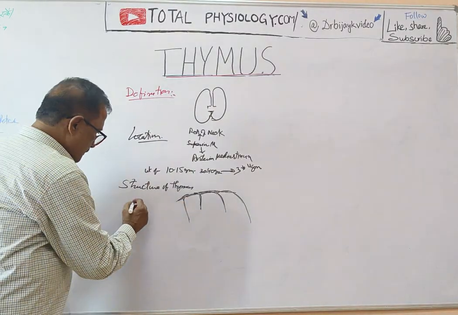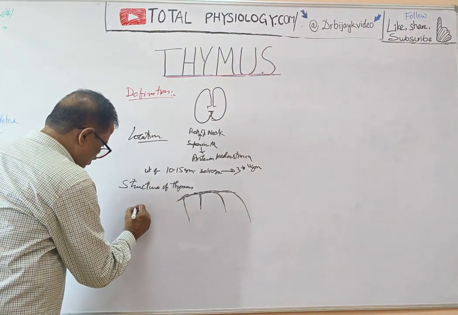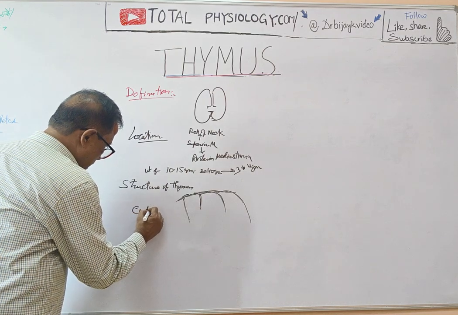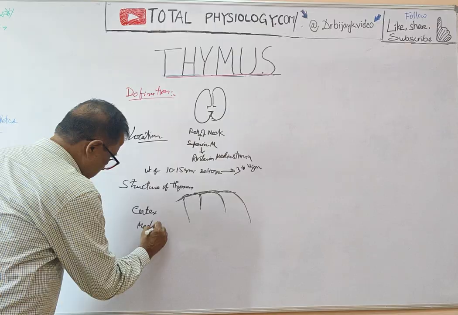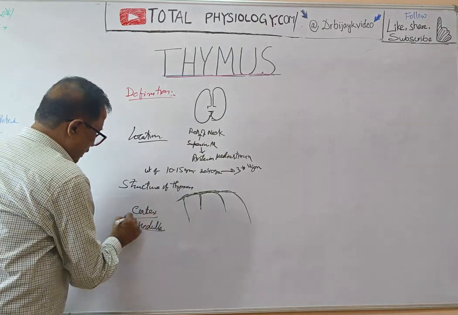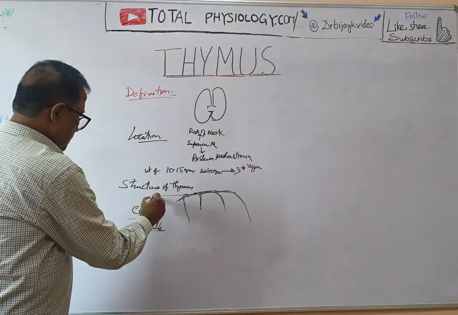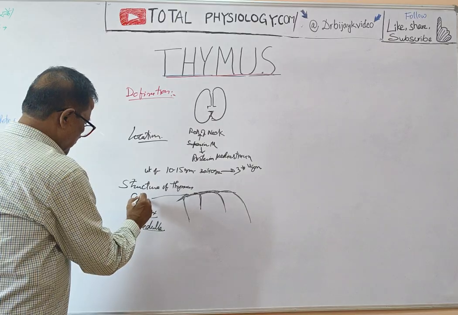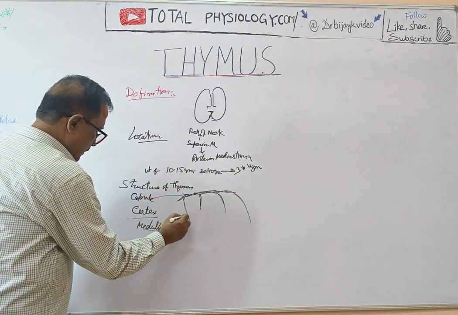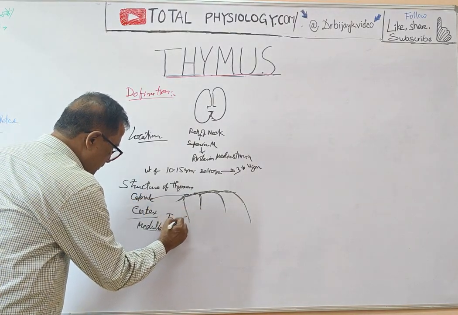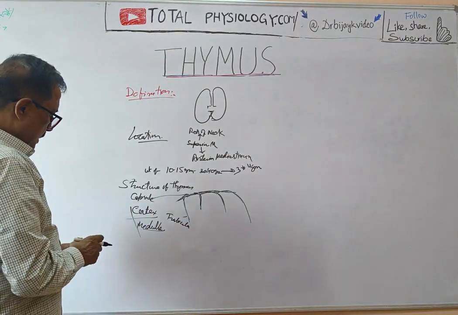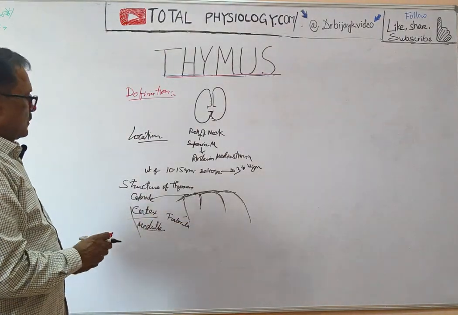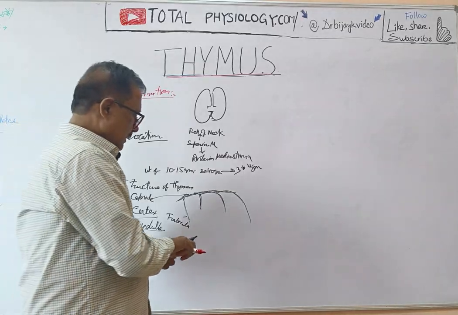Each lobule has cortex and medulla. This is the capsule, then trabeculae, and cortex and medulla. What is the structure of cortex and medulla?